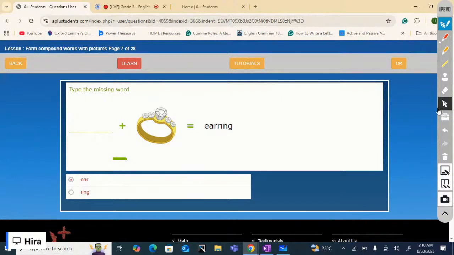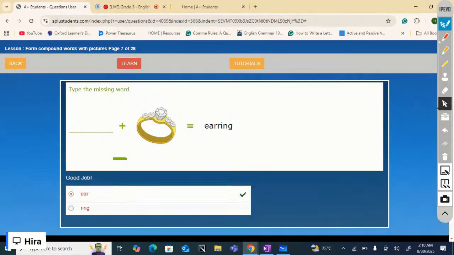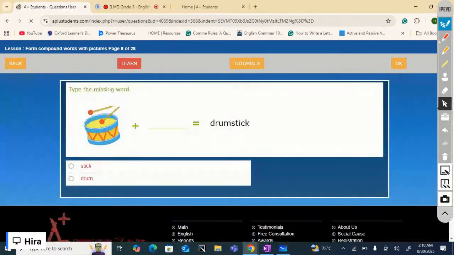So the first word is ear and the second word is ring, so it becomes earring.